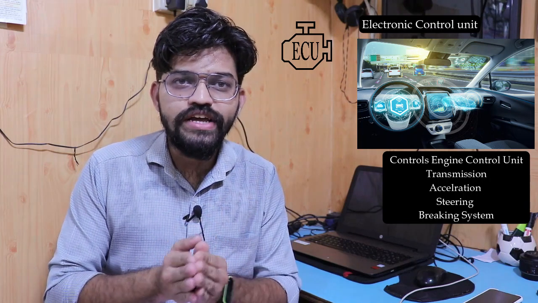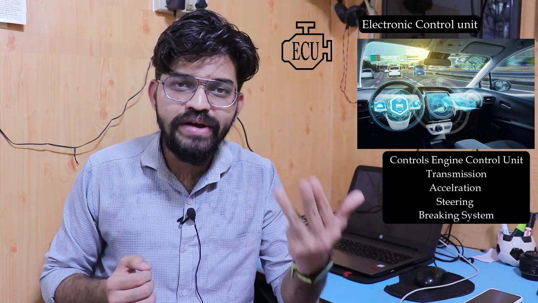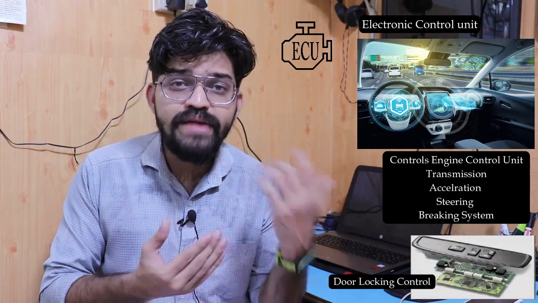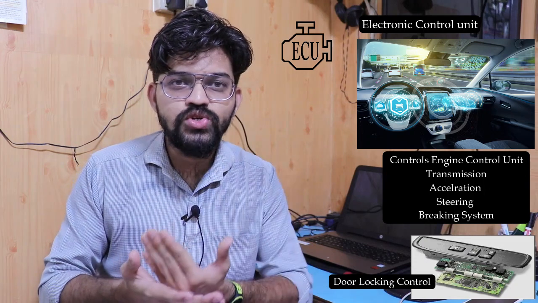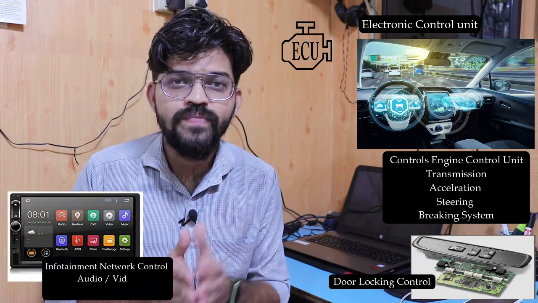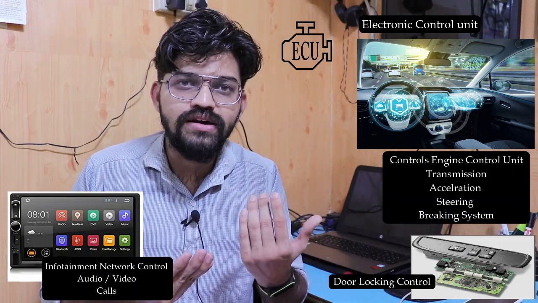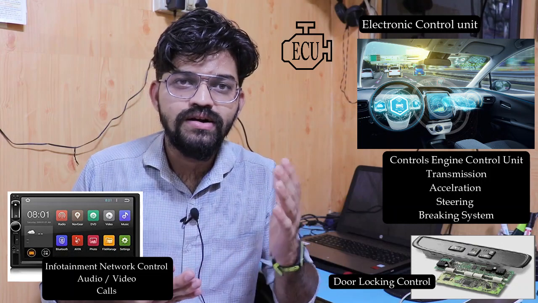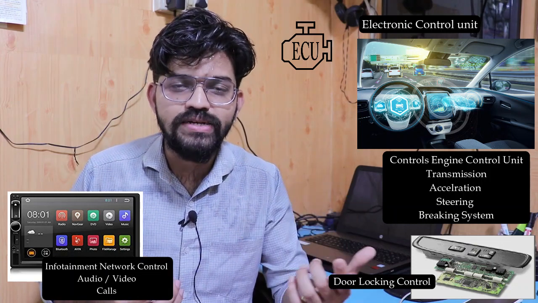It controls everything from engine control to transmission control, steering control, climate control, brakes control, door locking, and airbag control. Also guys, this electronic control unit is very useful for infotainment network control, such as audio and video, navigation, and telephone, like you can call while riding basically.